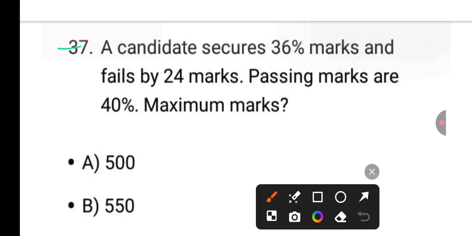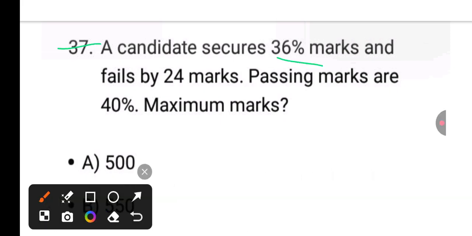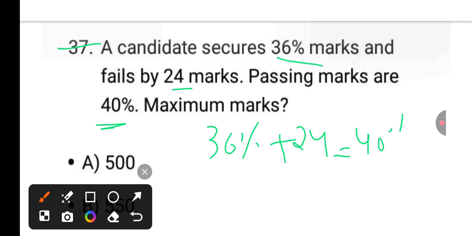Next, an important one. A candidate scores 36%, fails by 24 marks, and the passing marks are 40%. See here, 36%, fail by 24 marks. It means if you add 24, you will pass. This pass mark equals 40%.